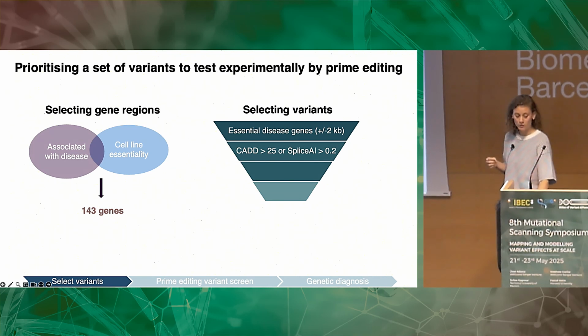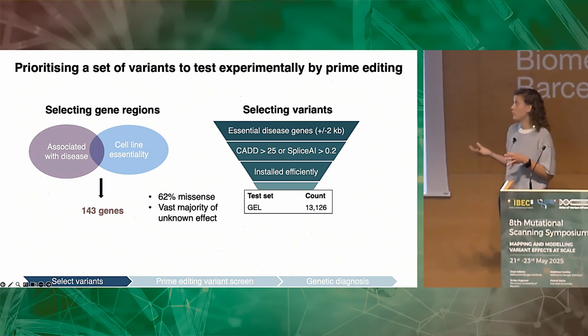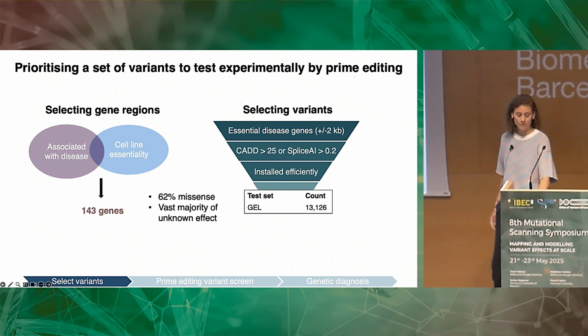And finally, we want the variants to be efficiently installed in the cells to realistically test for loss of function effect in cell culture. So we end up with this test set of Genomics England variants that are majorly composed of missense variants, and most of the variants have an unknown effect.